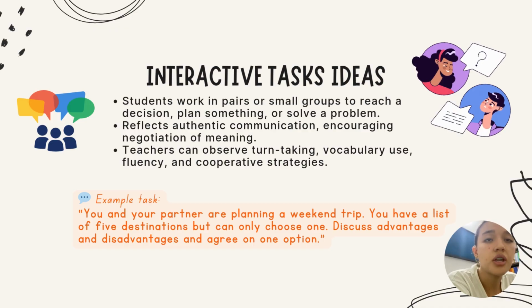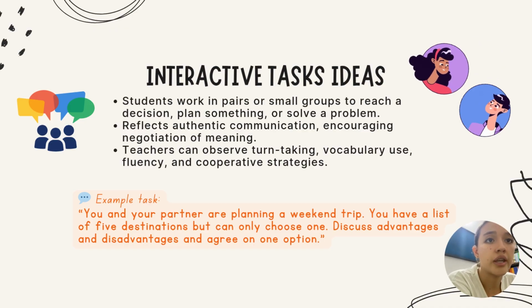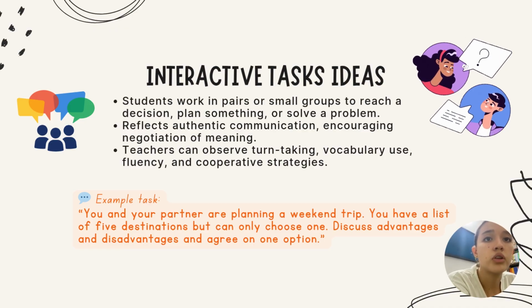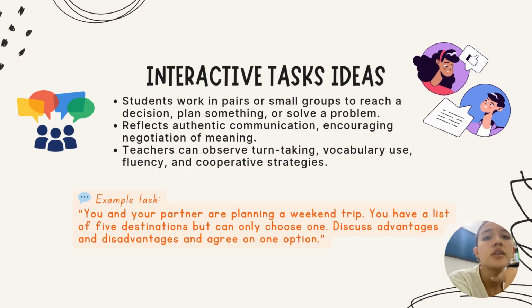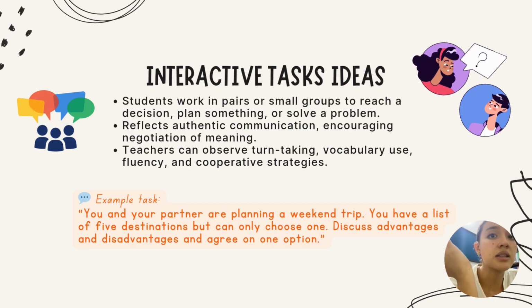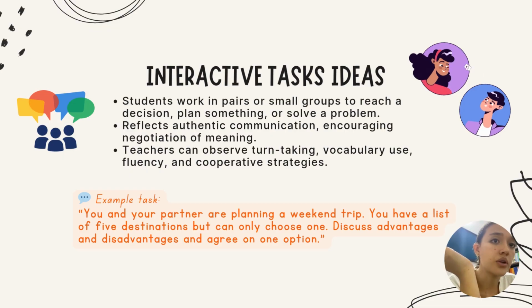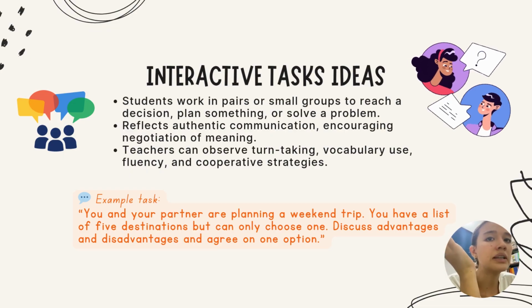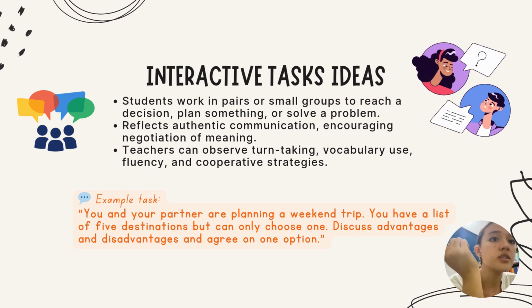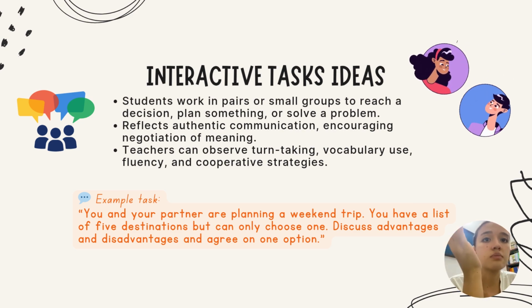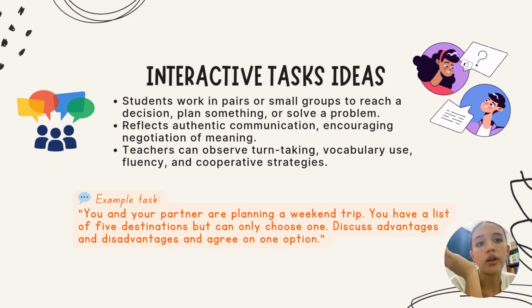The teachers can observe turn taking, vocabulary use, fluency, and cooperative strategies. This is an example of a task you could give to your class: you and your partner are planning a weekend trip. You have a list of five destinations, but you can only choose one. Discuss advantages and disadvantages and agree on one option.